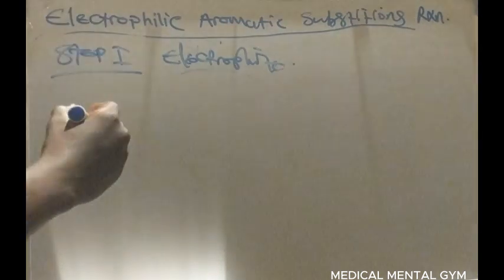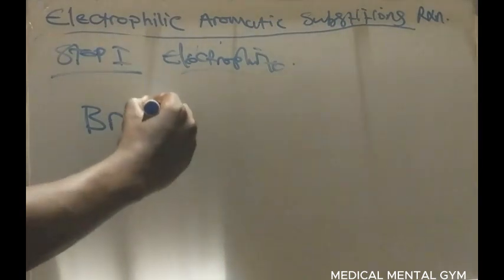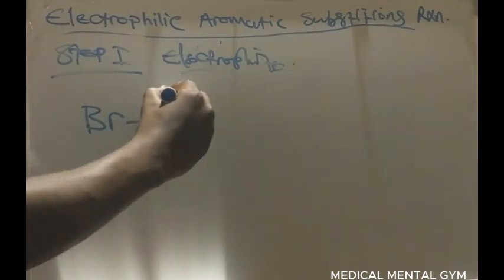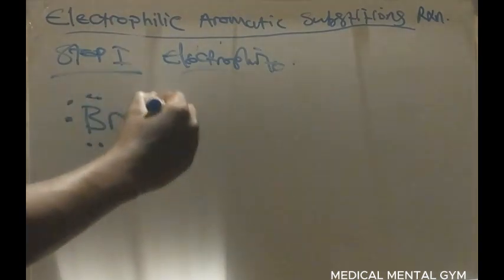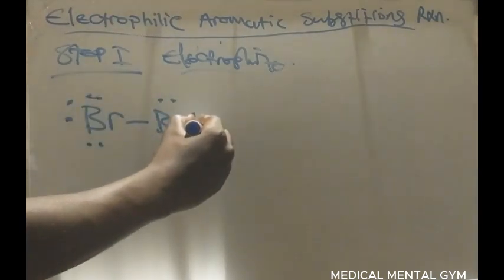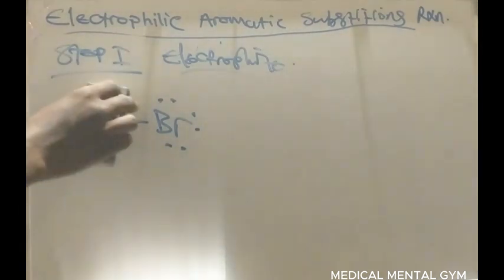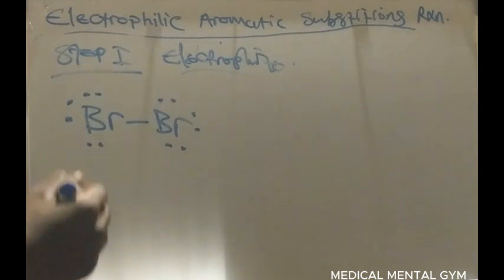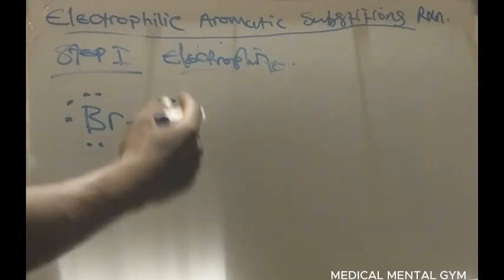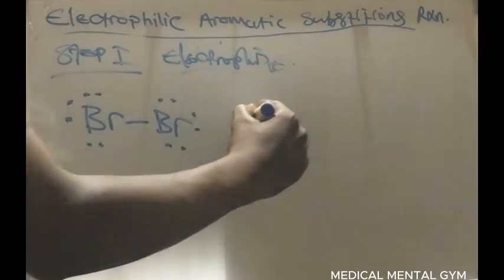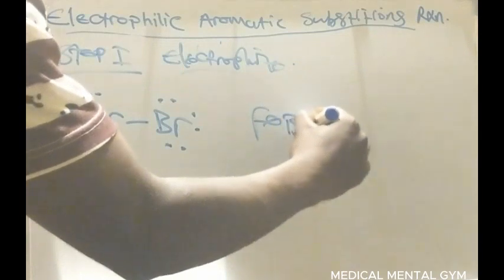So we have bromine at the molecular level looking like this, a halogen, so it has 3 lone pairs. Let's pay particular attention to the lone pairs and their movement. Each bromine atom has 3 lone pairs, and this bromine molecule will react with iron bromide, our Lewis acid.